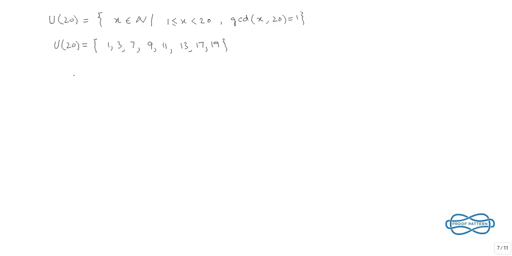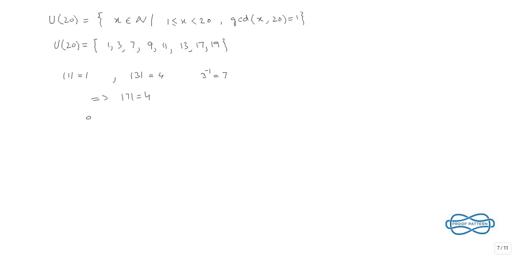Now we can check the order of all the elements. The order of 1, which is the identity, is 1. The order of 3 is 4, and we know that the order of an element and the order of its inverse are the same, and 3 inverse is 7. Therefore the order of 7 is also 4.